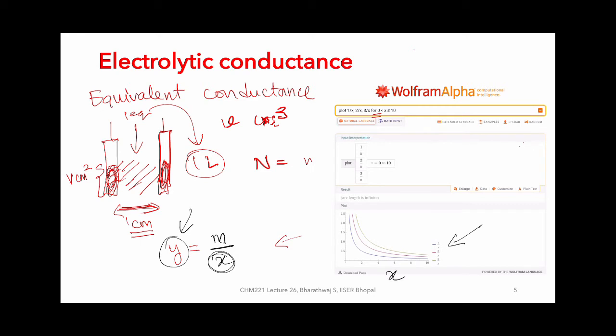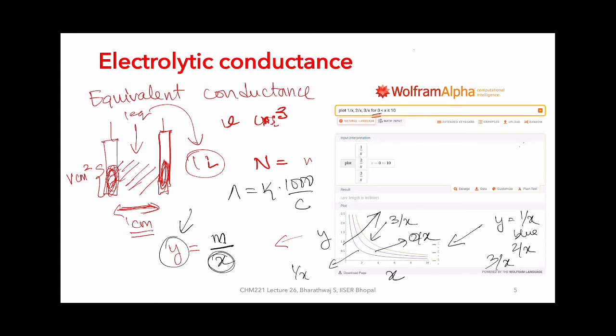I'm plotting y equal to 1 over x in blue, 2 over x in purple, and 3 over x in a different shade of brown. So this is 1 over x, and the middle curve is 2 over x. And what you're able to see is that as the constant keeps increasing, the curves start going away from each other. So this is the same kind of equation you're trying to look at, kappa times 1,000 over c.